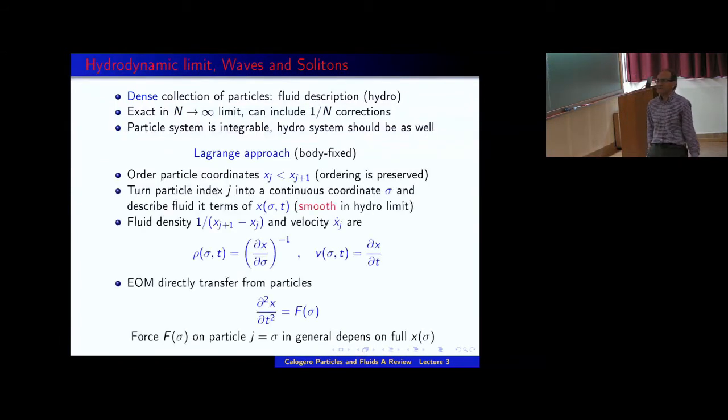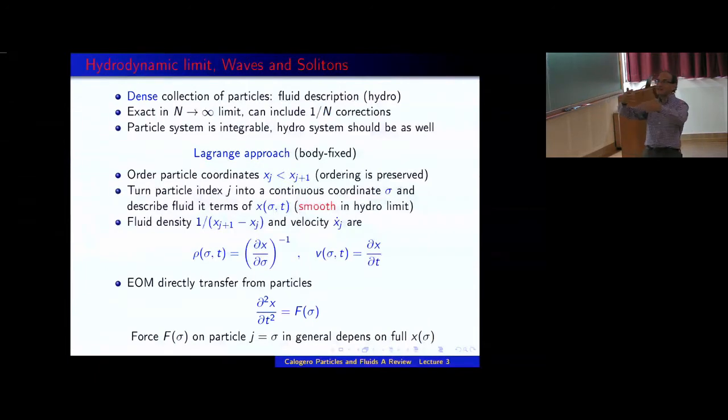One way, perhaps the most obvious way to deal with the transition from particles to fluids is the Lagrange approach. Not the Lagrangian, but the approach used by Lagrange. And sometimes we call it the body fixed or particle fixed approach. You can order the particle coordinates in a particular way. They don't have to remain in that ordering.